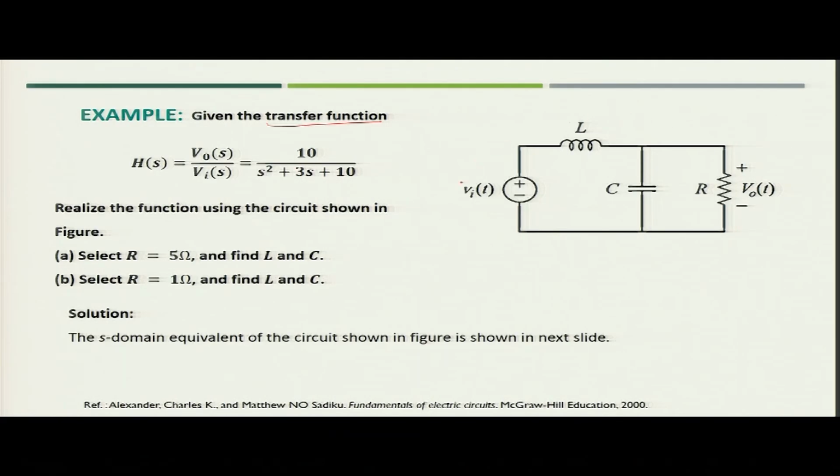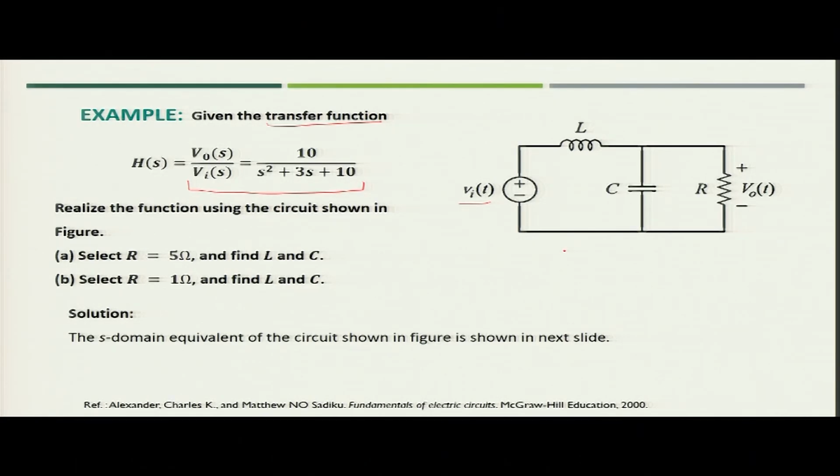Now, let us say that this is the circuit where L and C are present and C is in parallel with R, and the ratio, that is V naught by V I, is nothing but the ratio between voltage across resistance R divided by input voltage. So, now we have got this transfer function and we have the idea that this would be the circuit.